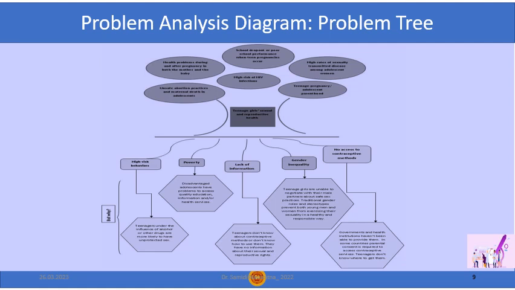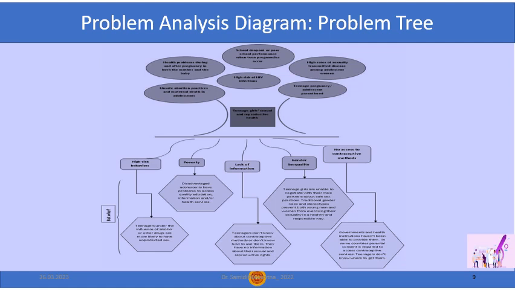So this is another example for the problem tree, and the problem tree illustration gives the problem, as stated in the trunk, the teenage girls' sexual and reproductive health. So you can think along these lines.